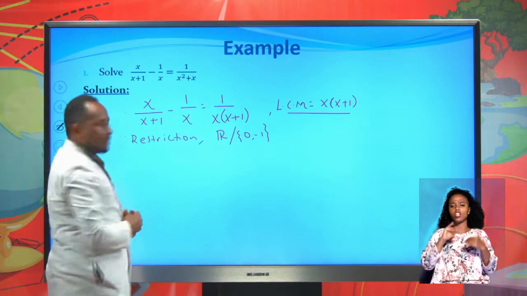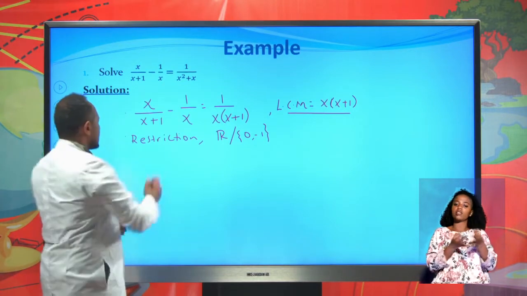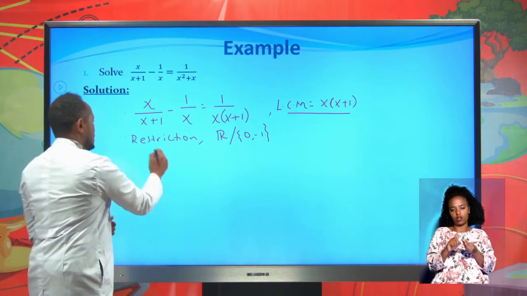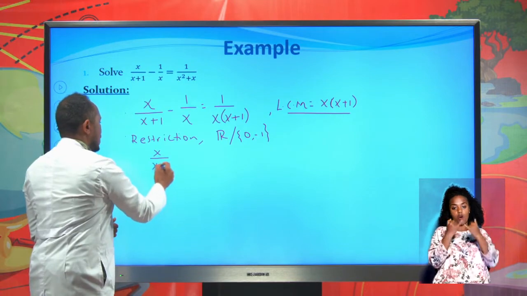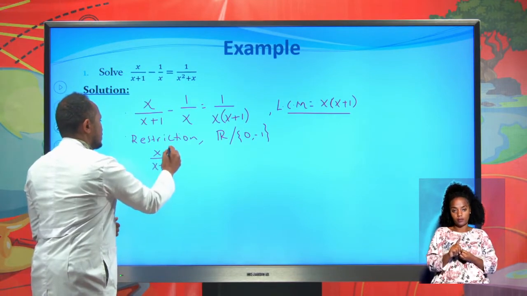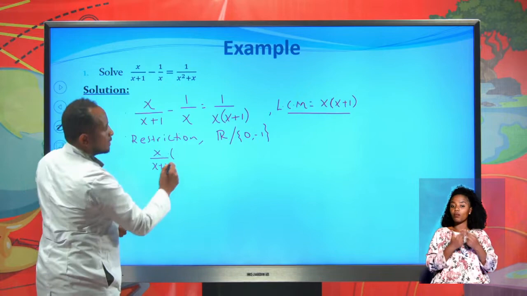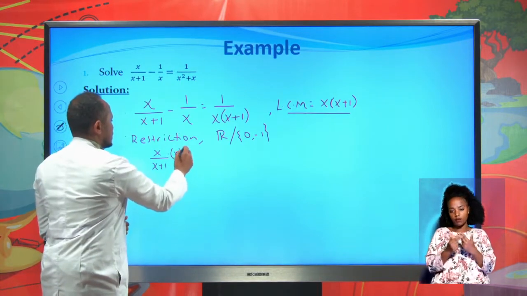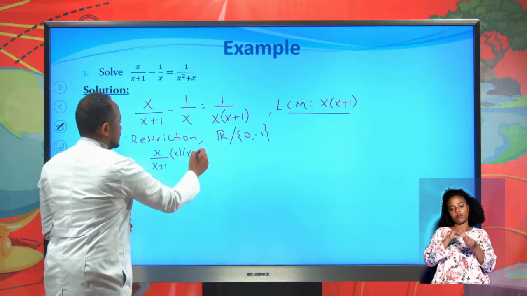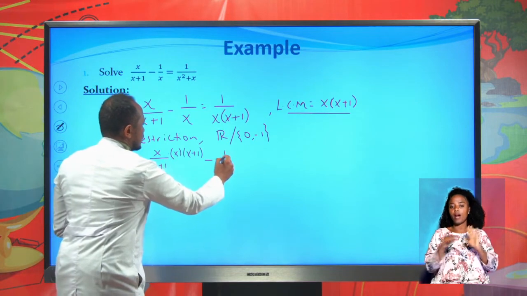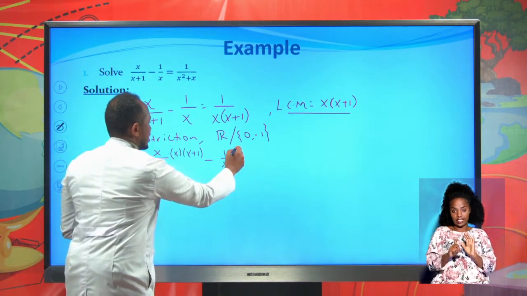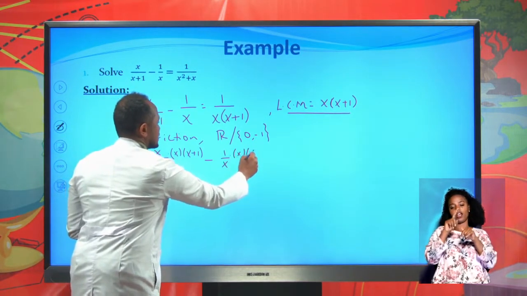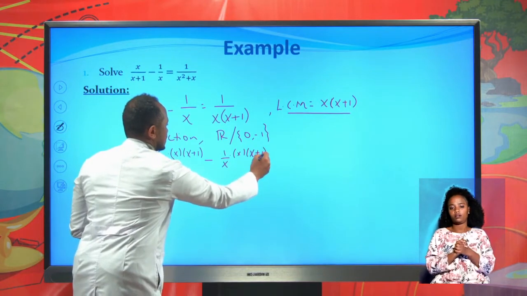Multiplying the whole expression by x times x plus 1. So here x over x plus 1 is multiplied by x times x plus 1, minus 1 over x is also multiplied by x times x plus 1.